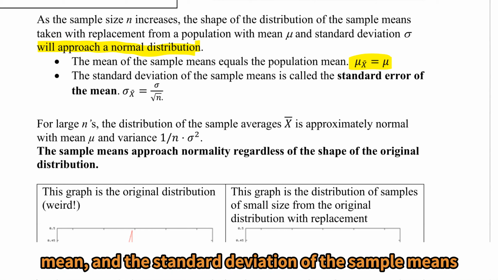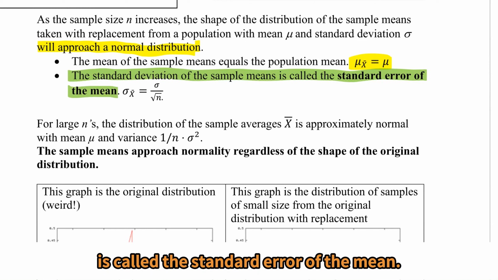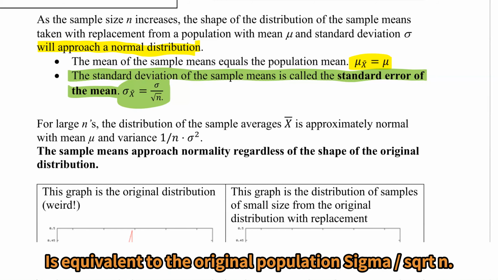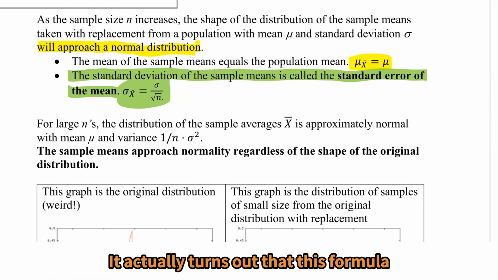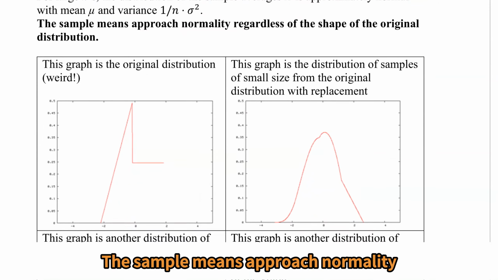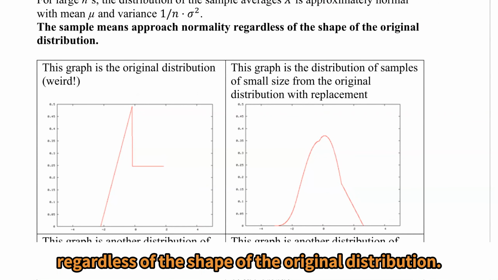And the standard deviation of the sample means is called the standard error of the mean. And we get a new formula, sigma sub x bar is equivalent to the original population sigma divided by square root n. It actually turns out that this formula for this standard deviation will become very important to us momentarily. The sample means approach normality regardless of the shape of the original distribution.